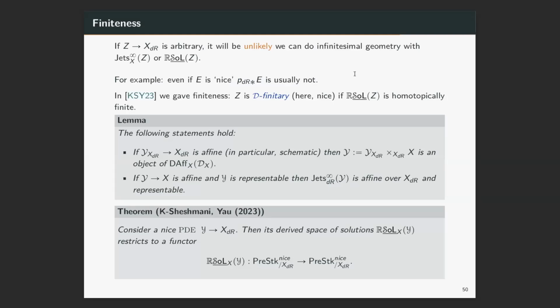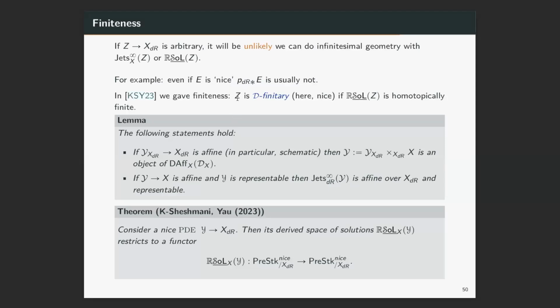So just to end, in our first work, we made these finiteness hypotheses called definitary. And what definitary basically means is whatever our original space is, it's going to admit a cotangent complex. And it's not important that this space itself is LAFT DEF.